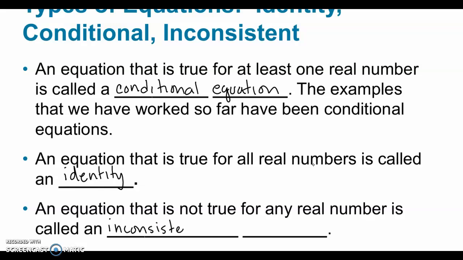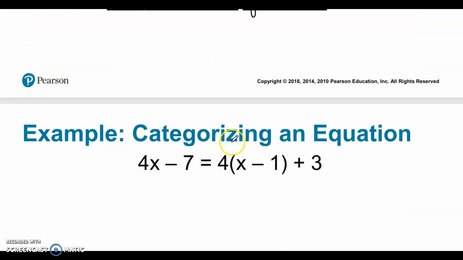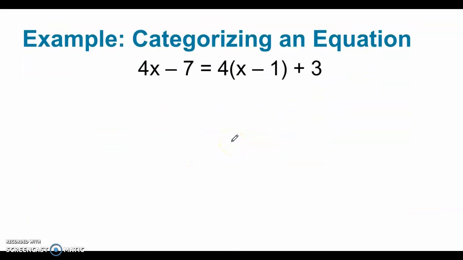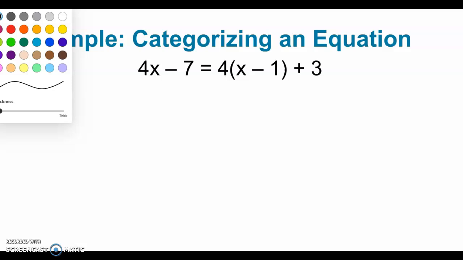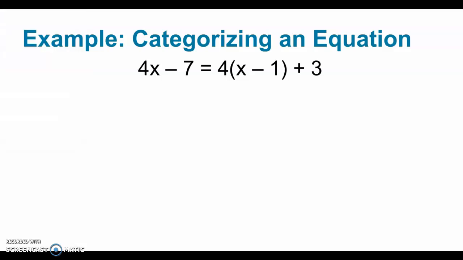So you're going to have problems in the MyLab Math where it will ask you, what type of equation is this? And you have to pick one of these three. So we have seen the conditional equation multiple times already. So now we're going to look at, what if it is one of the other two? How do I know? Well, let's look at it with this one.